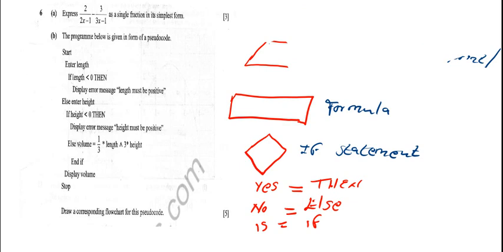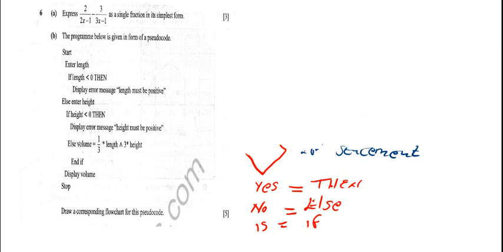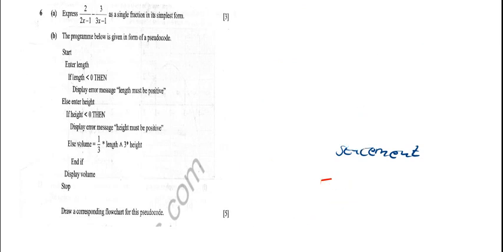So now going back to our question. Our question says draw a corresponding flowchart for this pseudocode. So, drawing a corresponding flowchart: to begin, we use an oval, and there we write start.